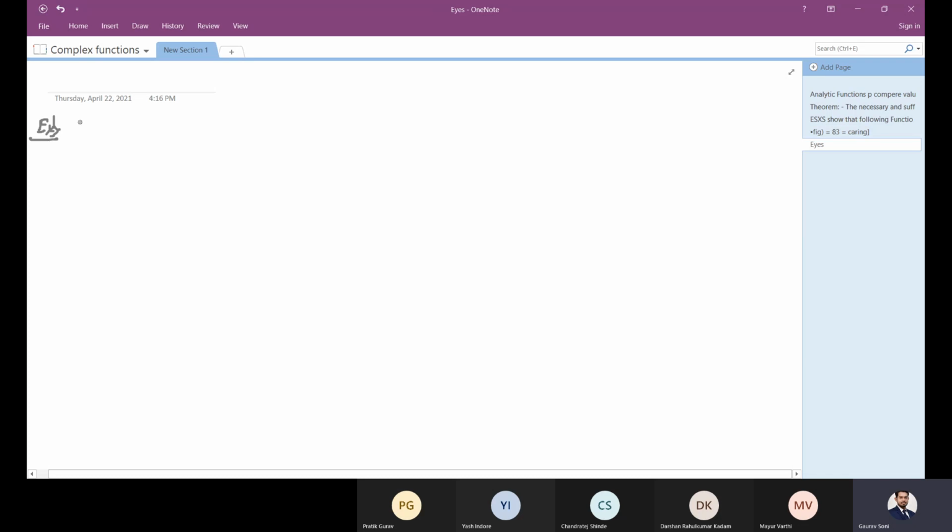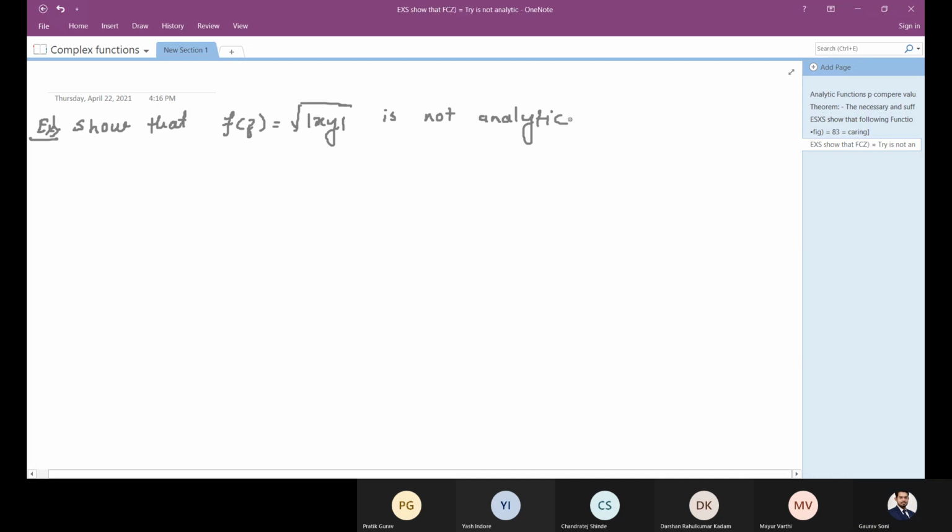And the question is, show that f of z equal to the square root of mod of xy is not analytic at the origin, although the CR equations are satisfied at the origin.